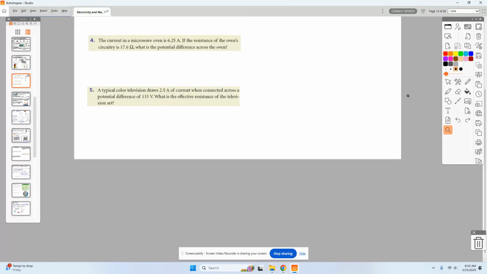If I do nothing other than just make a little list, you might find that this is enough to help you identify what to do with that equation. I is the symbol that we use for electrical current, 6 1/4 amperes.